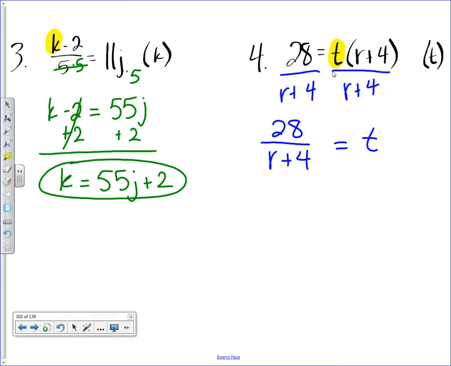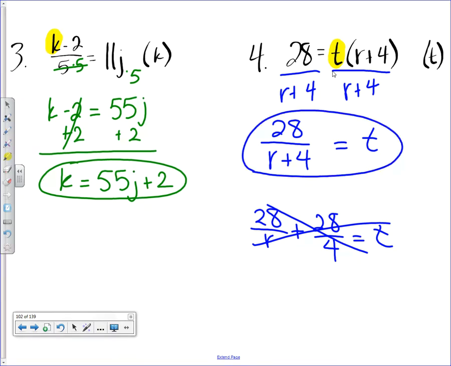Now, I want you to note that you cannot, I repeat, you cannot rewrite this like that. That is made up math. You cannot separate a denominator like that and split it into two fractions. Okay? Please do not try and do that.